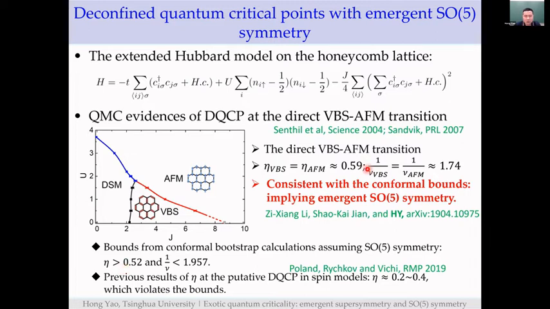Although it's close to the lower bound obtained from the conformal bootstrap, it is consistent. Moreover, this 1 over nu is also consistent with the conformal bootstrap bound.